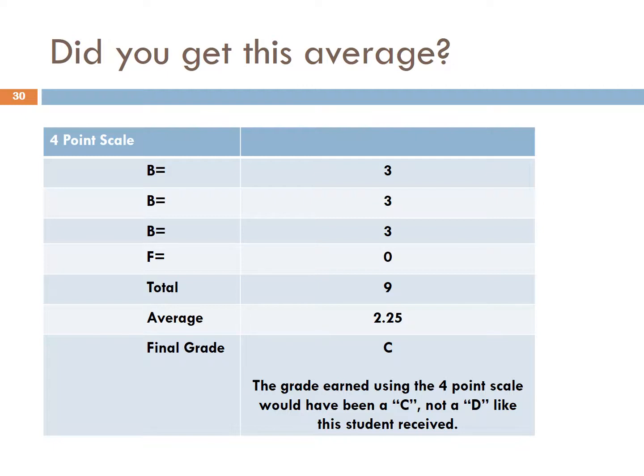The 4 grades add up to 9, which when divided by 4 grades averages 2.25 for a final grade of C. The grade earned using the 4-point scale would have been a C, not a D, as this student received. If these 4 grades had been for final grades of 4 separate classes, the GPA calculation would also be 2.25, a C.